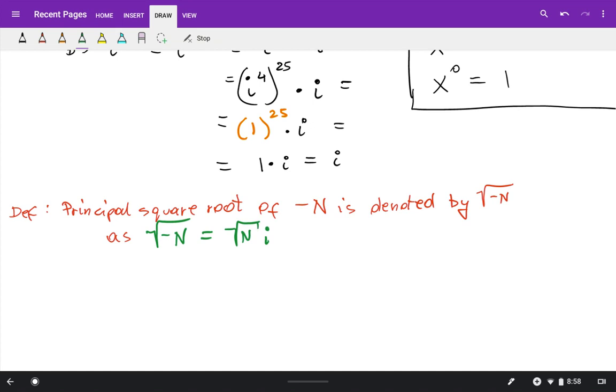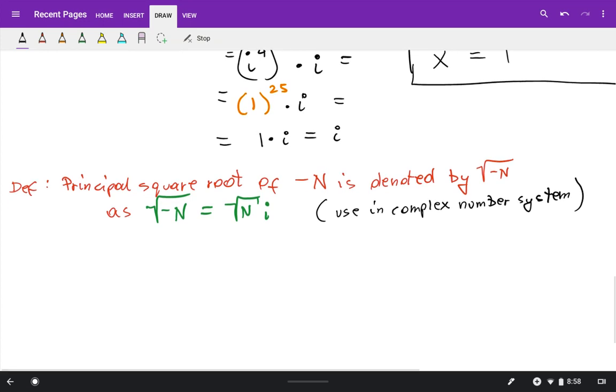So don't forget that principal square root you only use in a complex number system. In a real number system, you cannot take the square root of a negative number. So this one applies in complex number system, and let me give you the example.